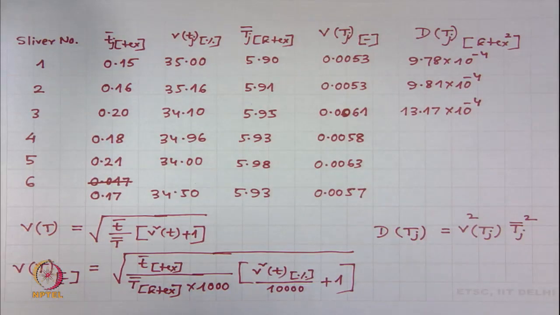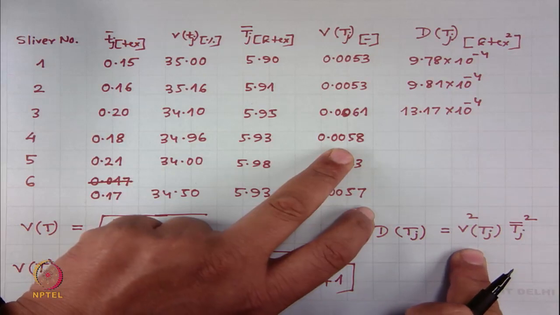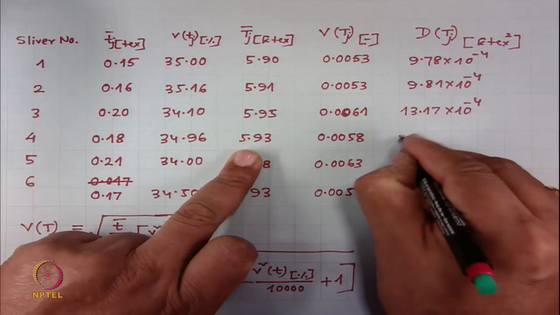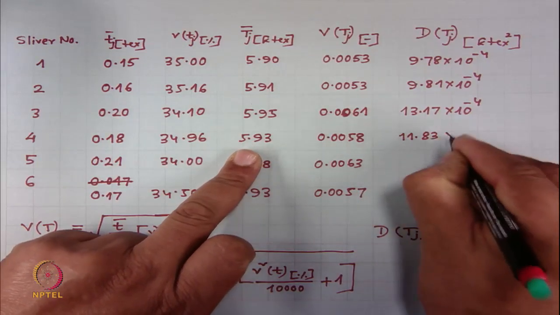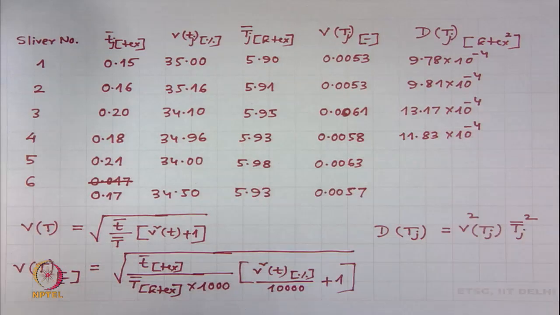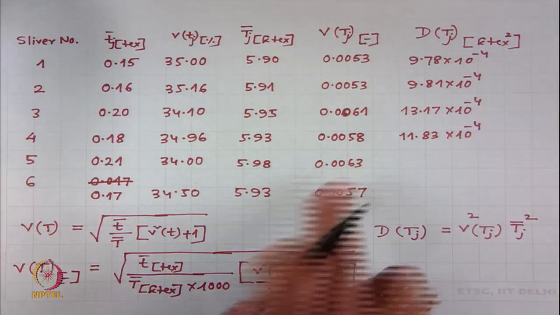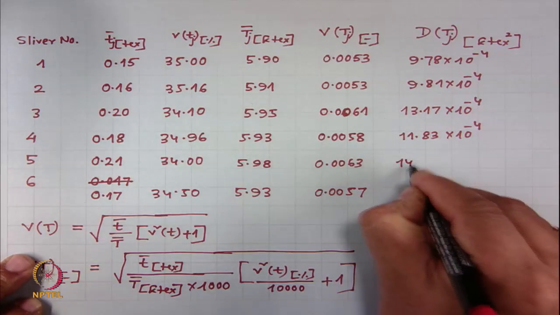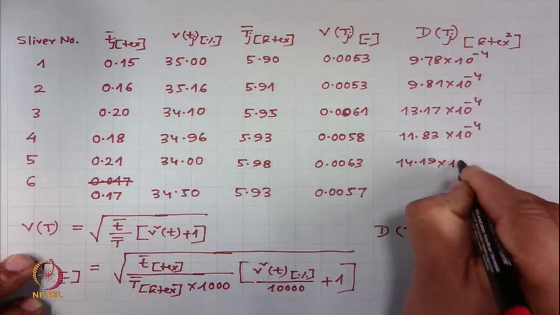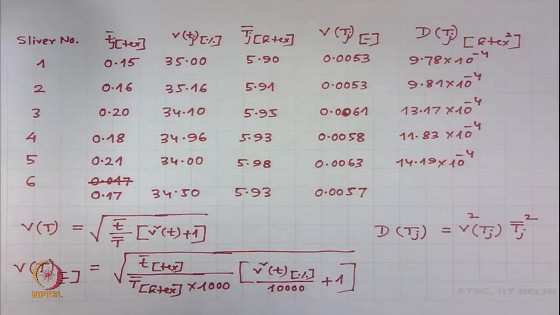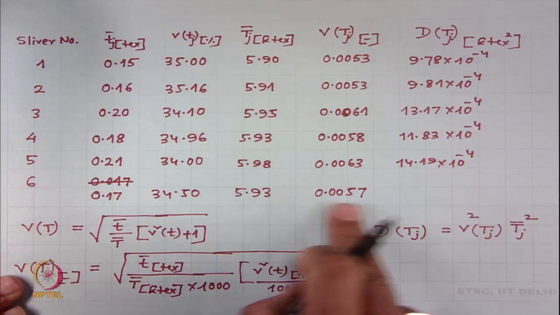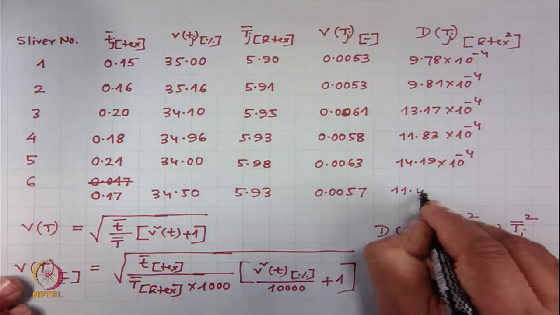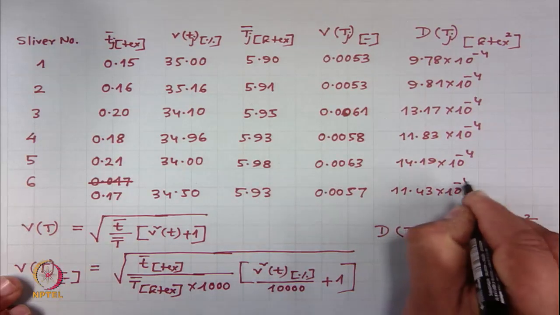For the fourth one, 0.0058 square multiplied by 5.93 square, which will lead to this. For the fifth one, 0.0063 square into 5.98 square, for the sixth, the last one, 0.0057 square into 5.93 square, this.